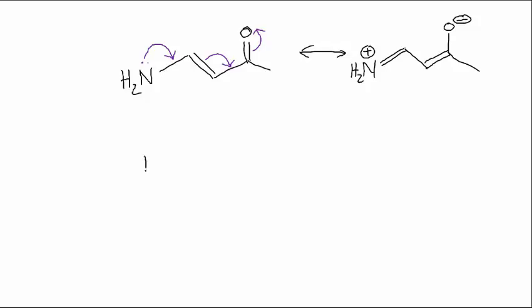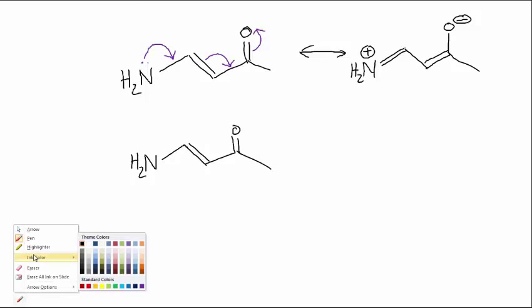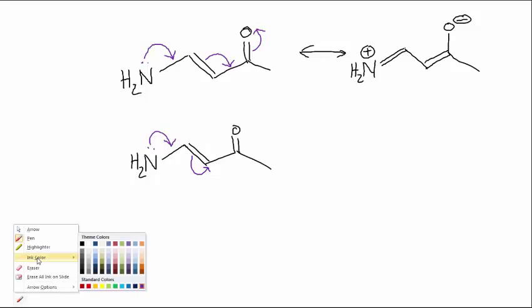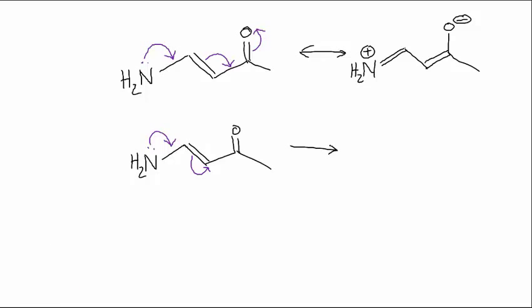But then what people are missing is the fact that, well, that electron pair can stop in the middle. We don't need to push it all the way up onto the oxygen. We could just push this pi bond onto the carbon. And so this is a valid resonance structure that a lot of people are missing.